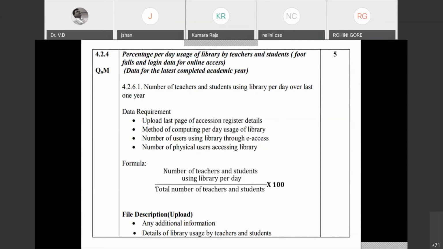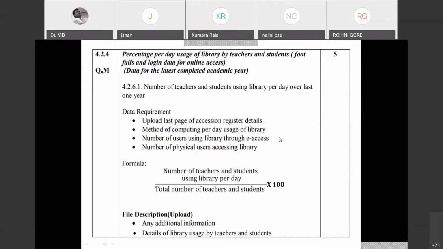So once you enter the number over here, it should be substantiated with that attendance record in case it is automatic, or if you don't have an automated attendance wherein the students are entering their names in a register while entering the library, then scanned copies of those registers would be required by the NAAC office.